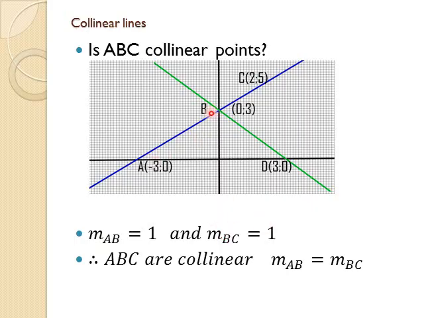Because those gradients are equal, we can conclude that ABC is collinear. So in an exam, if they say collinear, you have to calculate the gradients of AB and BC. You see the letter B appears in both of them. That way we check whether they are on the same line.